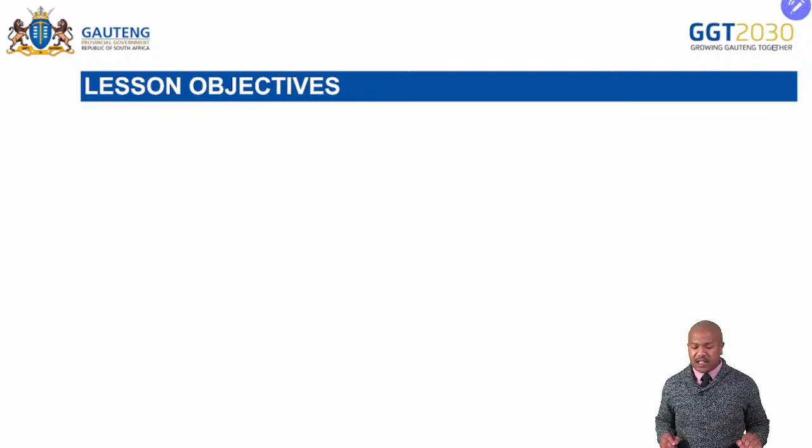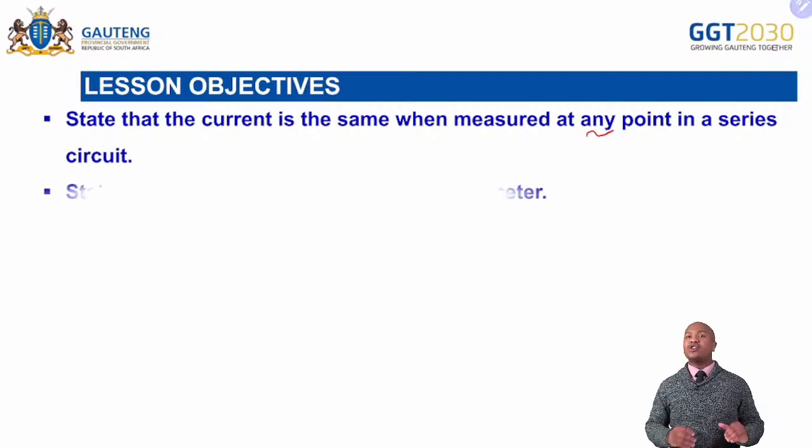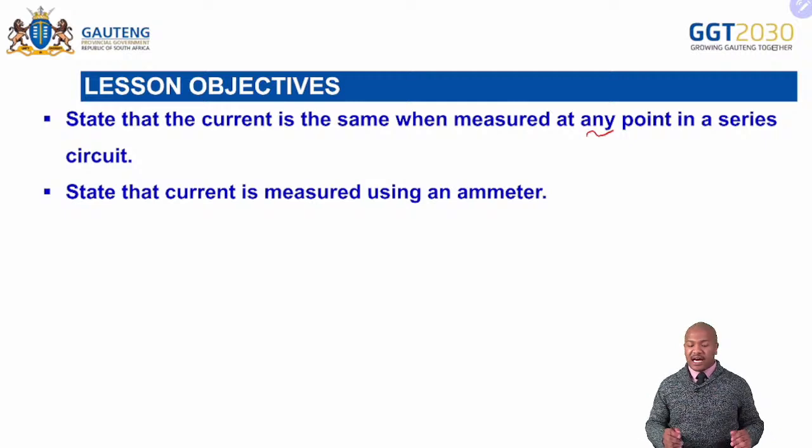Not only that, right? You need to be able to state that the current is the same when measured at any point in a series circuit. It is the same at any point in a series circuit. And also, you need to be able to state that current is measured using an ammeter, right? It is measured using an instrument called an ammeter.